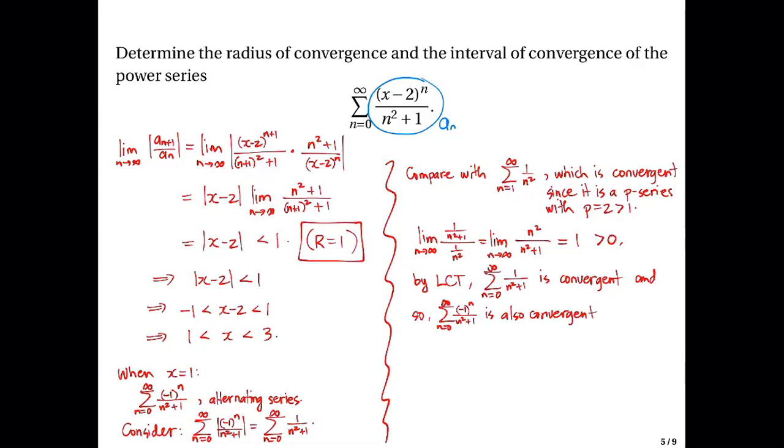Okay? It's absolutely convergent, but we just need the convergence. And so this series here is convergent by absolute convergence test. So let me just put this guy here. So we include x equals 1.